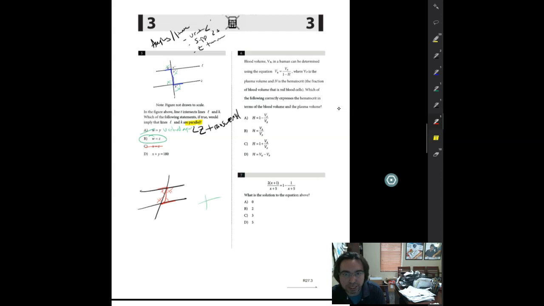Okay, let's look at number 6. What we see here immediately is we have a formula, and then we see this in terms of H. That screams to us that this is what we call an RAE, or rewriting algebraic expression.